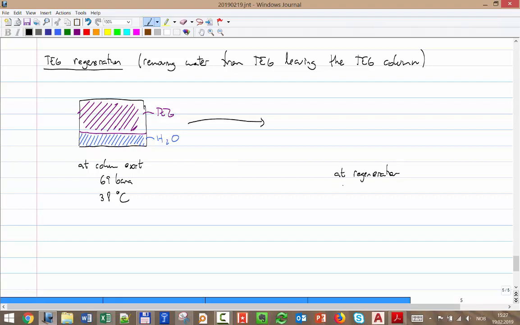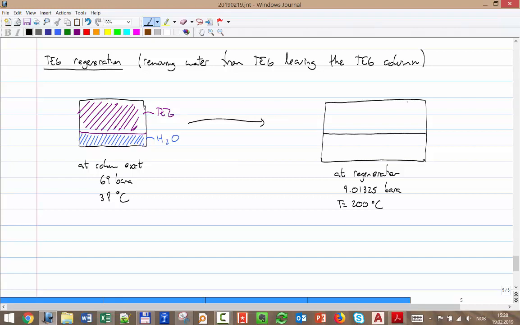What we do is drop the pressure to 1.01325 bar, atmospheric pressure, 1 bar. But then the temperature, we increase it very high, to approximately 180, 200 degrees Celsius. And what that's going to make now is that I'm going to have 2 phases. I'm not going to have liquid anymore, but I'm going to have 2 phases, with a clear interface.